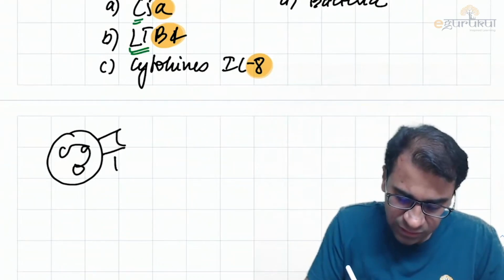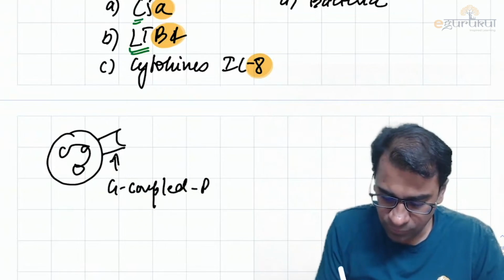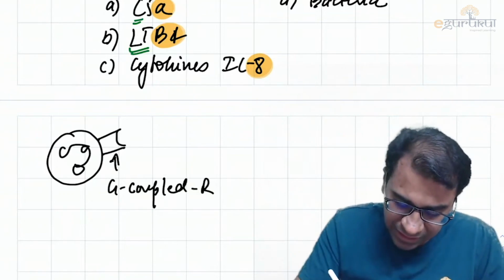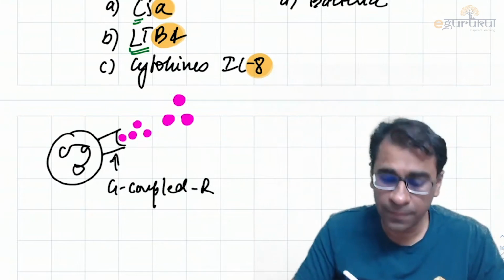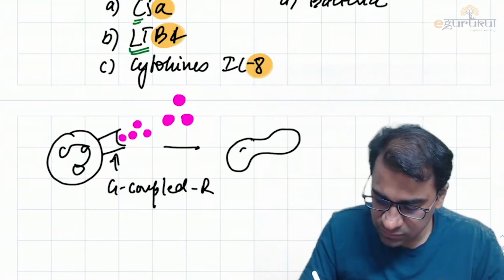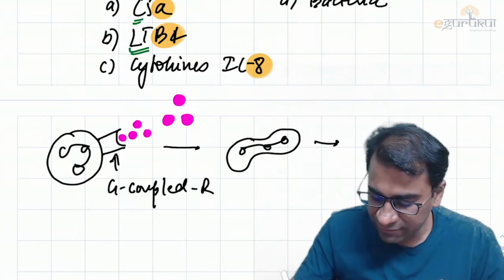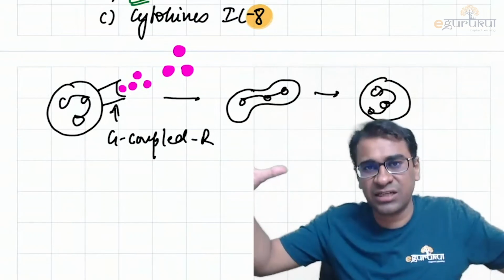On the neutrophil, there is a G-coupled receptor. The chemokines will act on this, because of which it will make a pseudopod like this and try to move ahead.